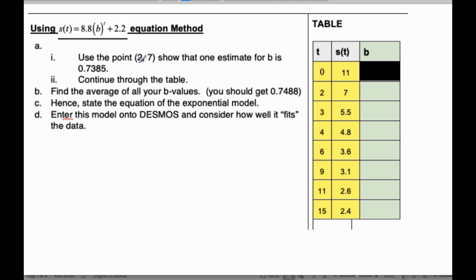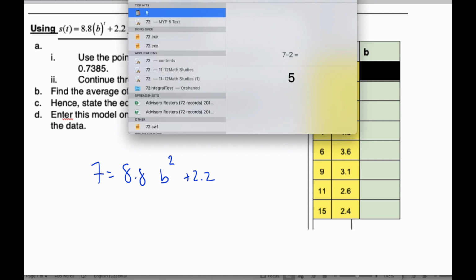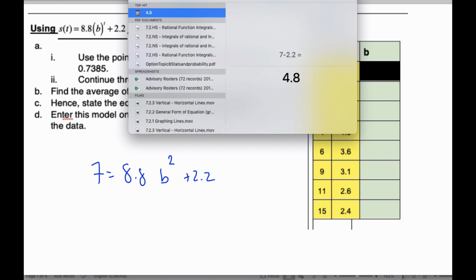Now with this data set, I can use the point (2, 7) to find an estimate for B. I know S of T equals 8.8 B to the power of 2 plus 2.2, with S equal to 7. I subtract 2.2: 7 minus 2.2 gives me 4.8.